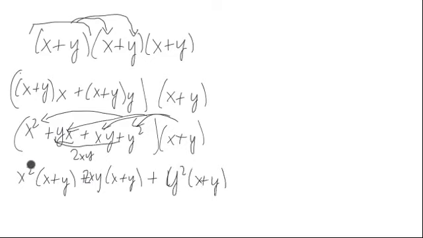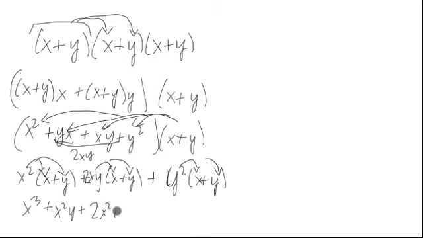Then notice this can distribute in, x cubed. This is not the way that we're going to be doing it, but I'm doing this for the sake of illustration for a minute so that we don't have to do it from here on out. 2xy squared plus, let's make that xy squared plus y cubed.